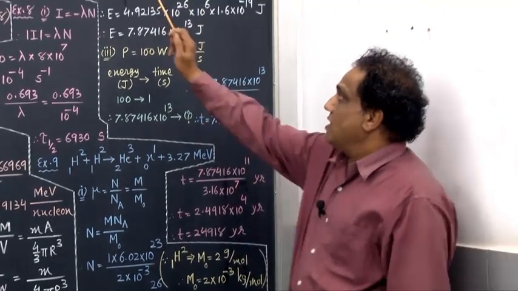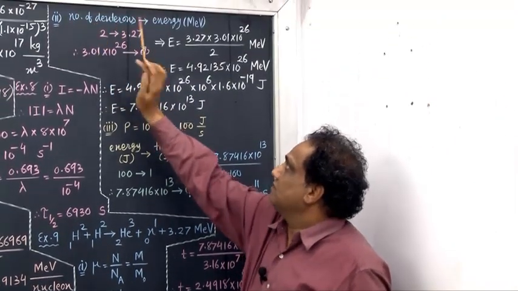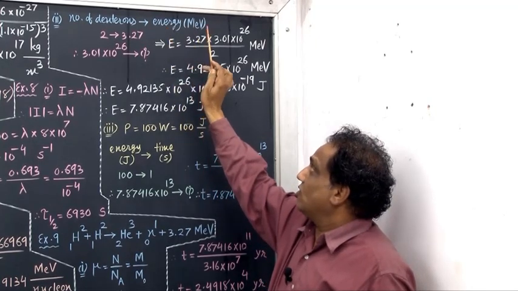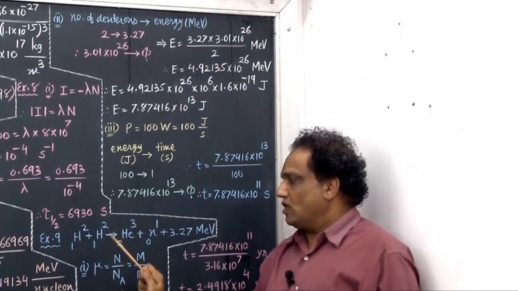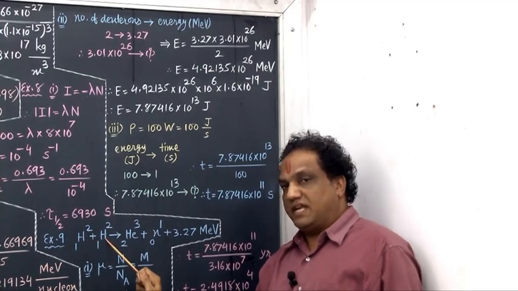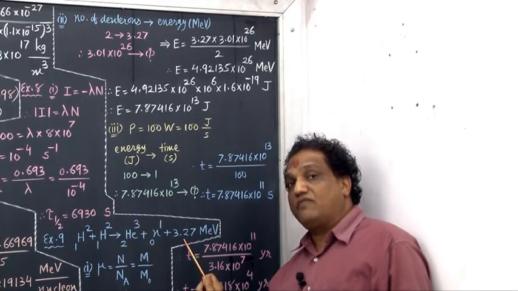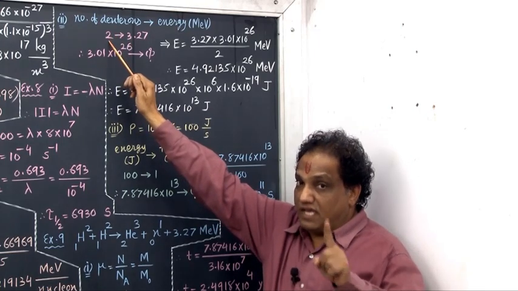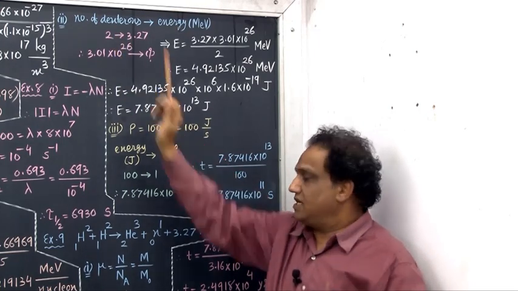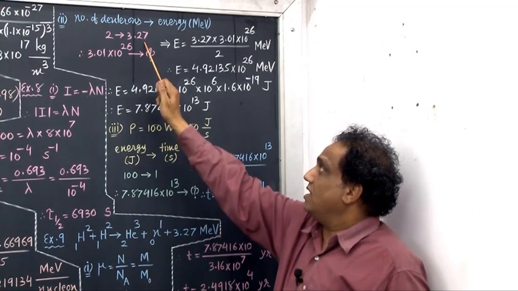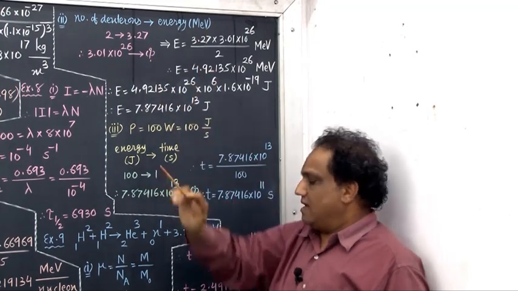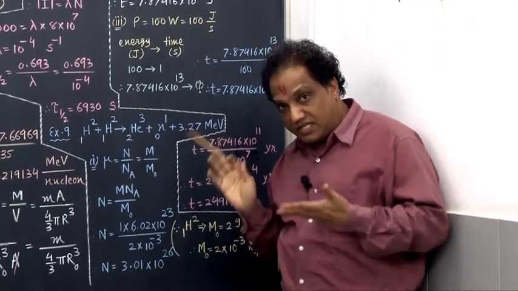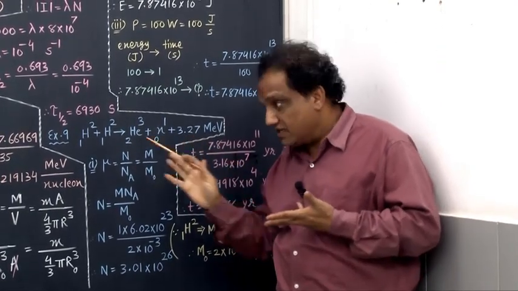And now I am writing here number of deuterons and opposite I am writing energy liberated in million electron volt. If two deuterons are combining, that gives you this much liberation of energy, 3.27 million electron volt.